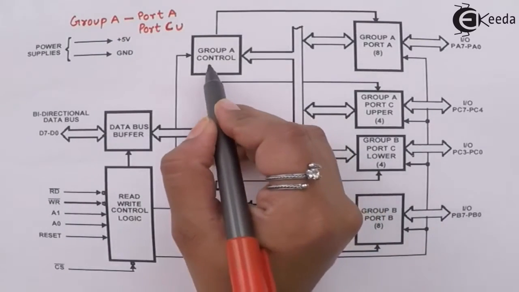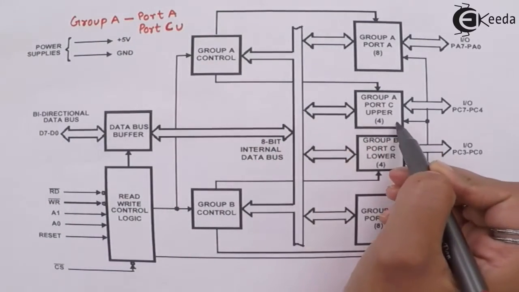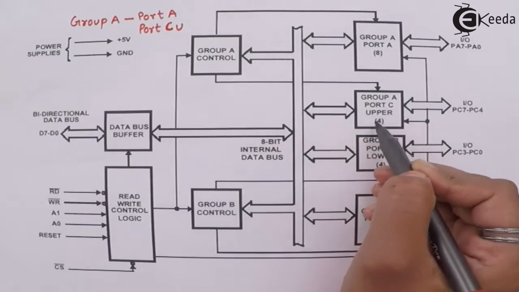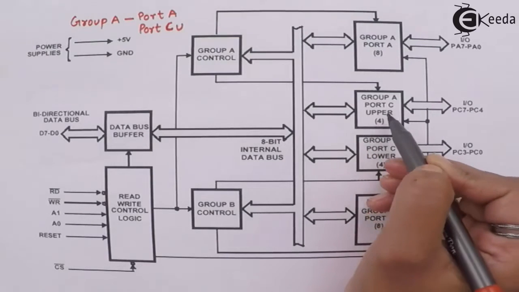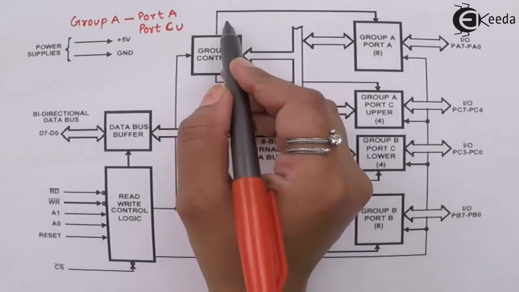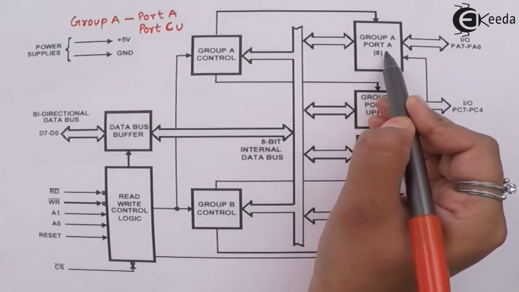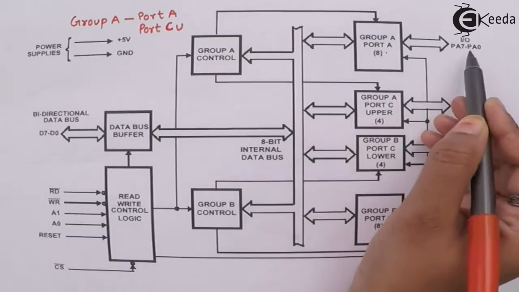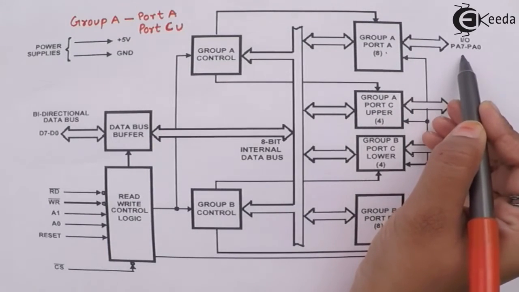Group A control is controlling port C upper, the 4 lines from PC7 to PC4, and also port A, which has 8 lines, PA0 to PA7.